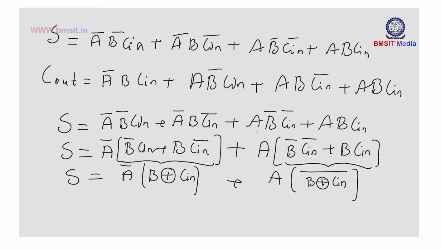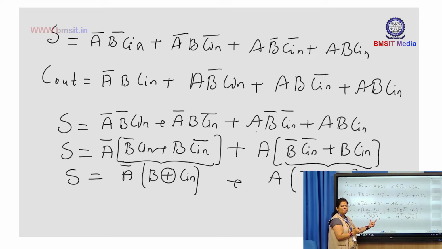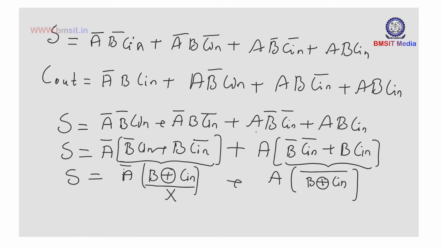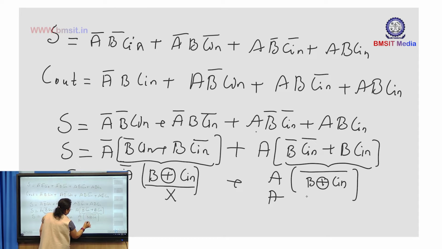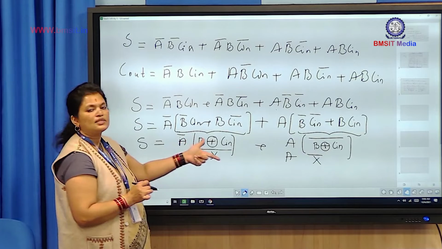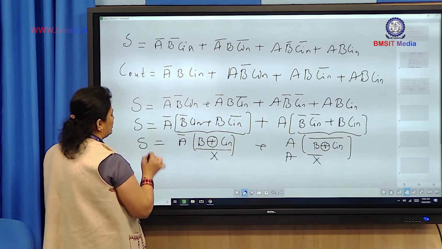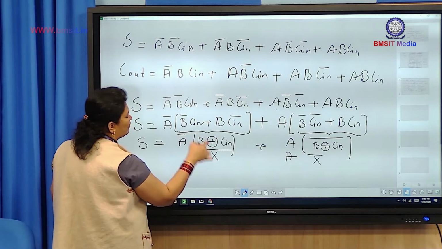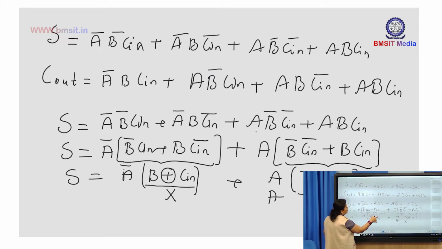So once again, if you consider this as one element, if I call this as X, we have A bar X plus A X bar. So once again, this is an XOR operation of A and X, where X is B XOR of C in.